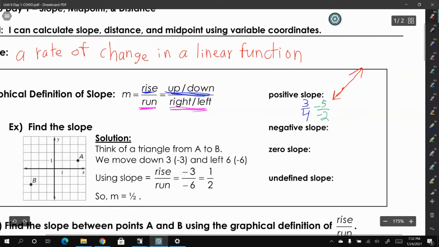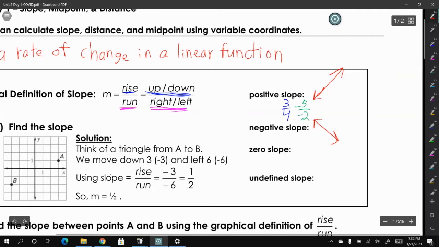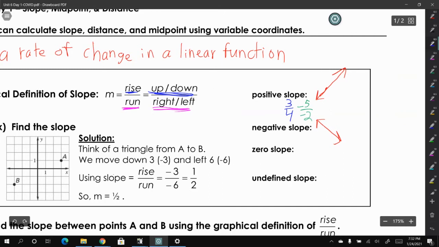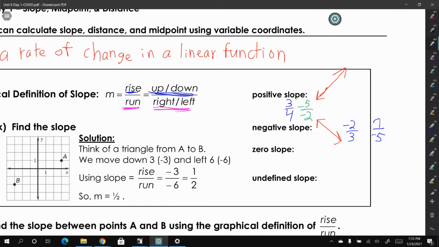A negative slope goes down and to the right. So an example of that could be negative 2 over 3, or 7 over negative 5. So it doesn't matter which number is negative, the top or bottom, and you will have a negative slope.